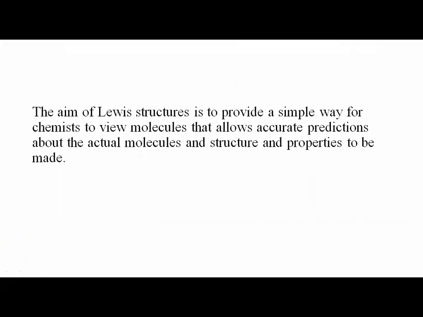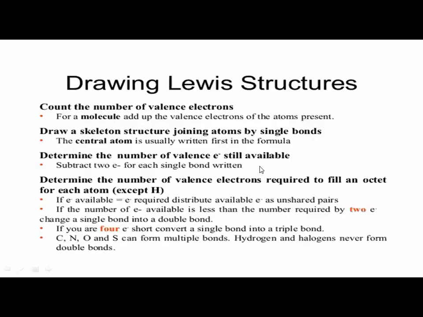That helps us. What does it help us with? It helps us to identify the different chemical reactions which come under this particular element. So Lewis structures are written for what? Lewis structures are written for molecules. So, drawing Lewis structures.